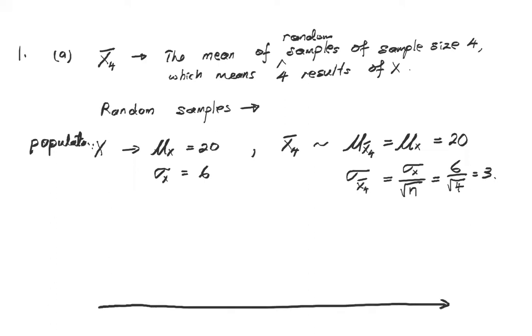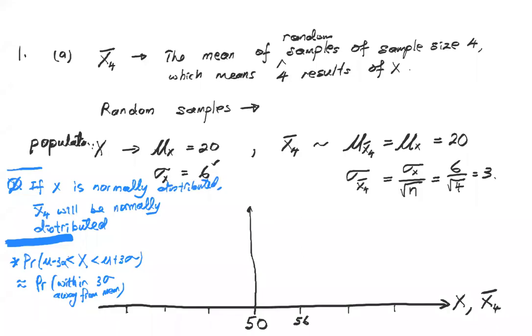This represents X, and this represents X bar 4. Both have the same mean. If you refresh your SAT 5, then you will know what to do. I give you 5 minutes to do that. Okay, 20, yes, you are right, not 50.